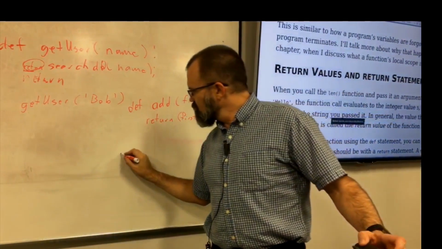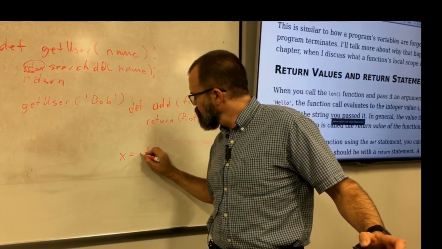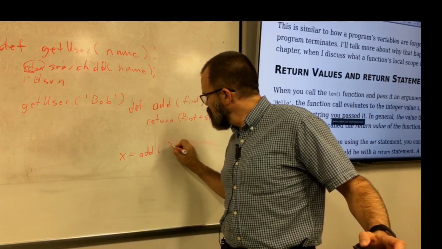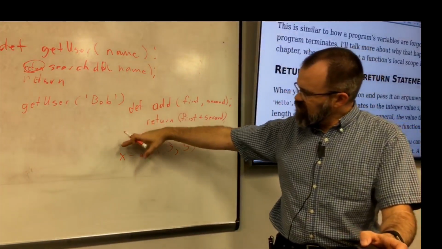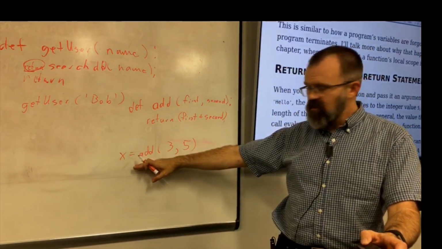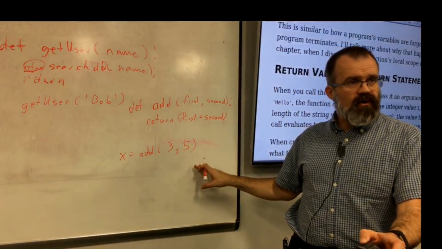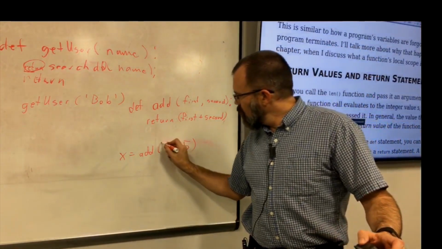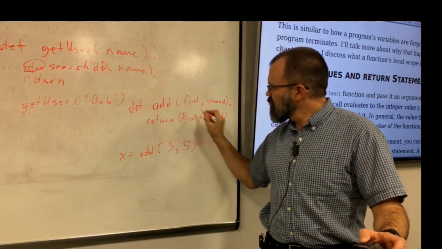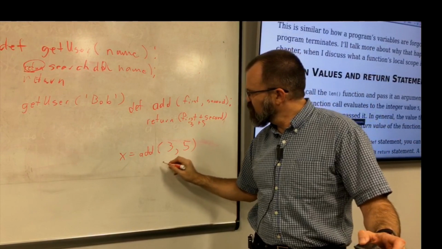So that means that I could say something like x equals add 3, 5. When this gets evaluated as a statement, it will try to figure out the value first on the right-hand side of the assignment operator. This 3, 5 will jump into the function. Here, it'll be 3 plus 5, so it'll be 8.